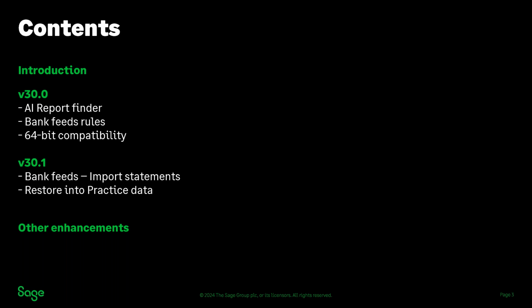That was released in January of this year, and that's where we introduced the AI report finder, we improved the bank feeds rules, and also we introduced the 64-bit compatibility. And then towards the end, we'll look at the version 30.1 features. This is where you're now able to import statements into your bank feeds module, and also you're able to restore a backup into practice data.